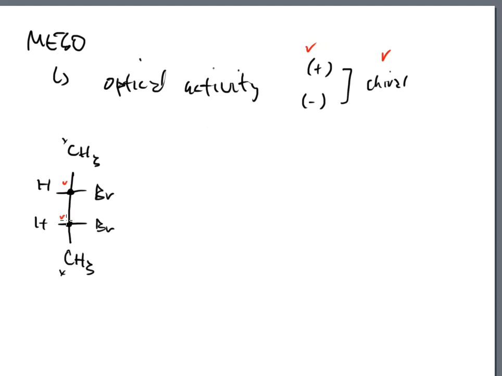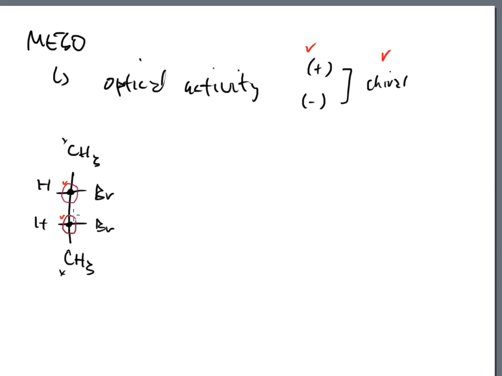We have 2 chiral carbons here. So you would look at this and say, oh, look. The question asked me, does it have chiral carbons? And I'm going to say, yes, it does. Right here is one of them, and right there is one of them. So check. Part A has been answered.